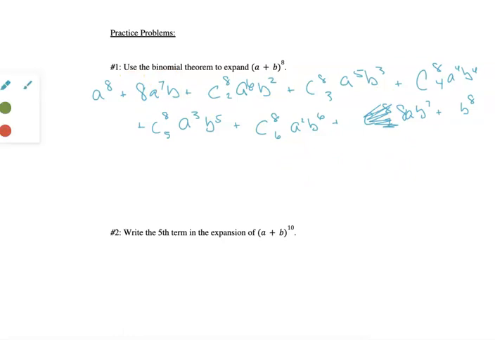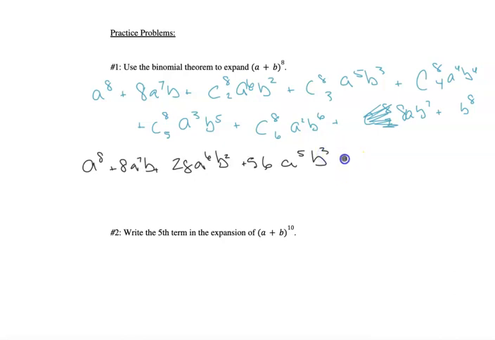Once I put these in my calculator and I find out all of the coefficients, I get a final answer of a to the 8th plus 8 a to the 7th b plus 28 a to the 6th b squared plus 56 a to the 5th b cubed plus 70 a to the 4th b to the 4th plus 56, here's my symmetry kicking in on my coefficients.